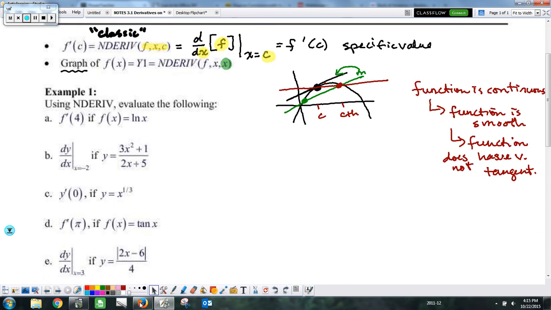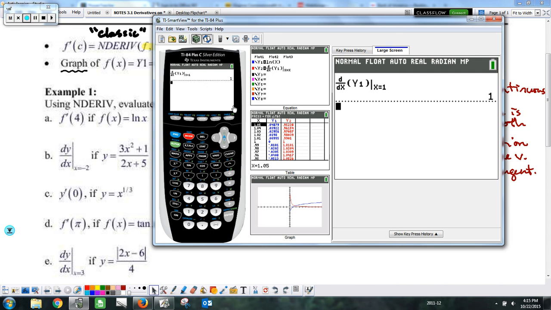To find that specifically on the calculator, so you don't have to type it in again, you can grab it and put it here, and change it to be equal to 4. It's nice when you already have it in there, because y1 is where I put my function. Notice it doesn't say x equals x here like when I was graphing. I want the specific slope at 4, and hit enter, and we get 0.25, with some decimals.